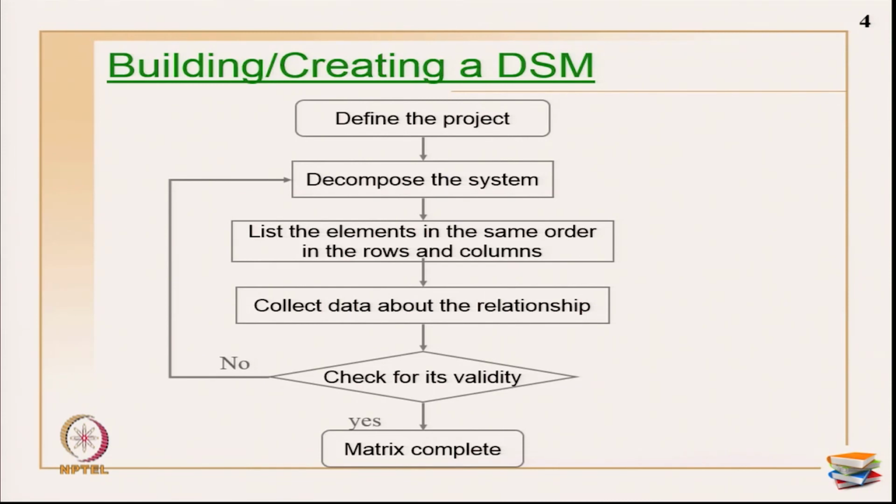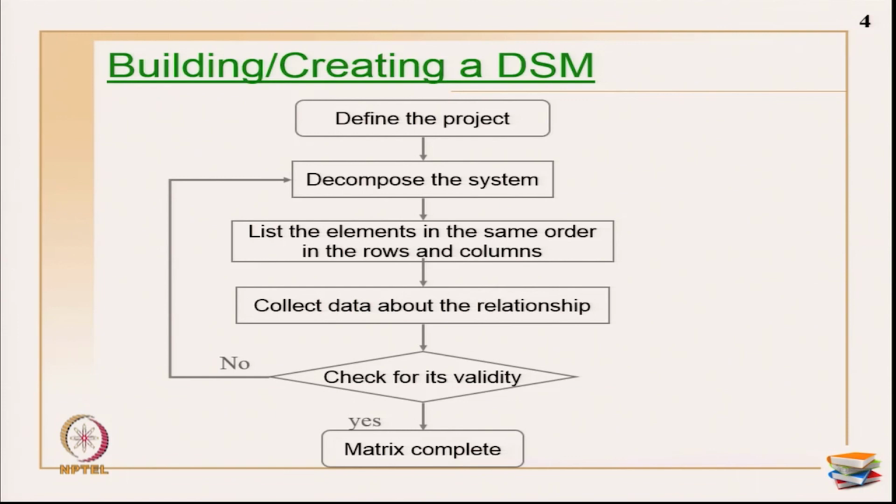So, the first step is to define the scope of the project. For whatever project you want to take, how many disciplines are there, how many components are there, you choose accordingly and define the scope of the present project. Then you decompose the entire project into as many elements as possible. You can stop at level 1, you can stop at level 2.